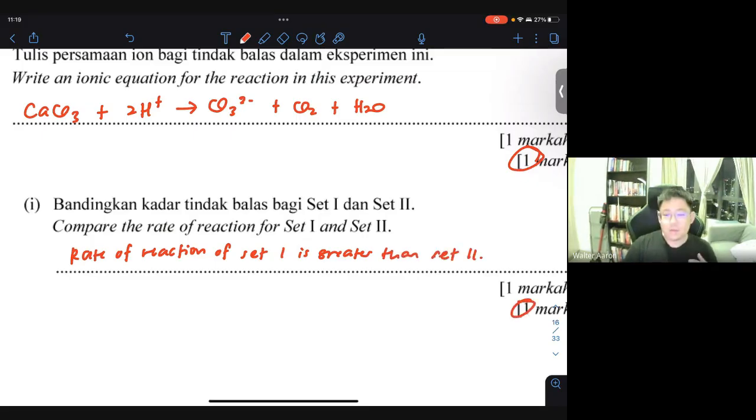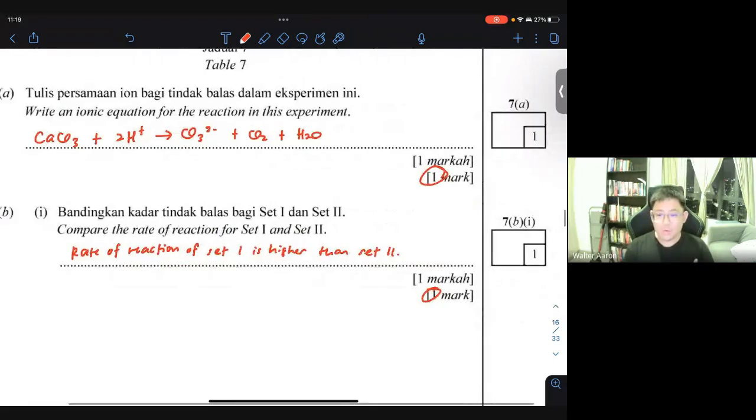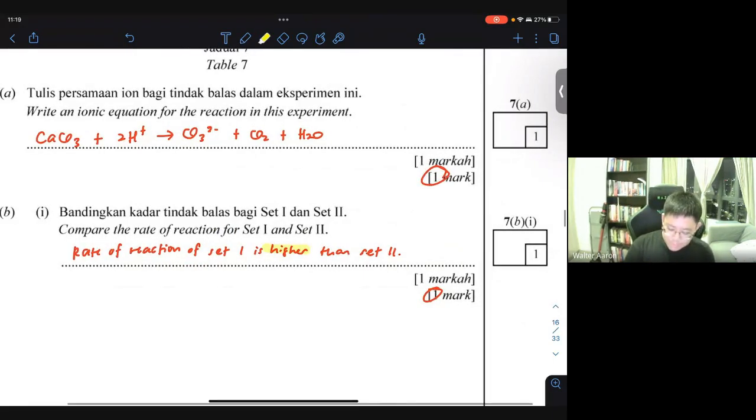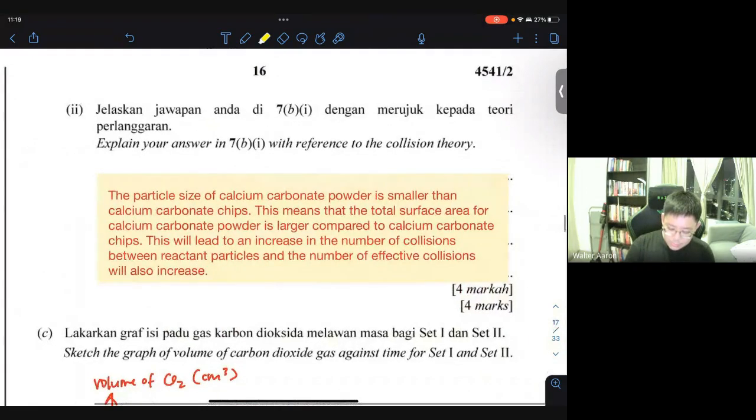You can also say, besides greater, you can change the word to faster also, okay? Faster or higher. You can choose any one of those keywords, it's fine. Rate of reaction of set 1 is faster than set 2 or higher than set 2 also can. All right, I think higher is a better choice of word because it's a rate. So rates can be higher or lower. So this is higher. So I think higher is a better choice of word. Okay. Right. Number 2.